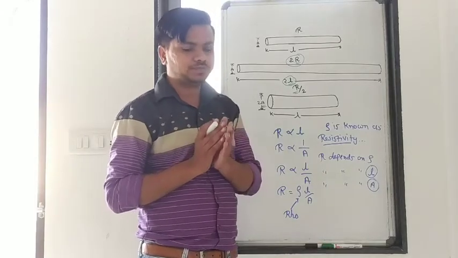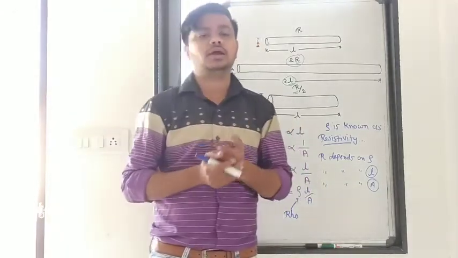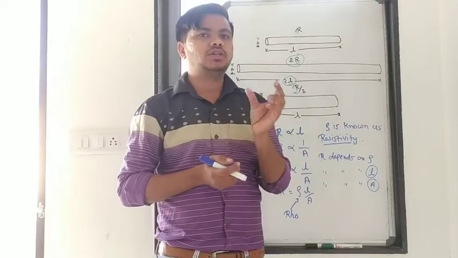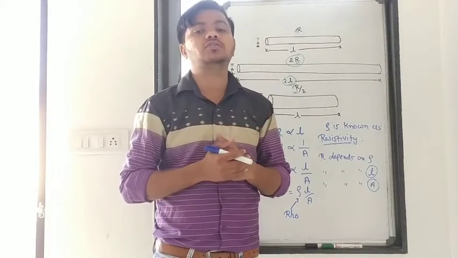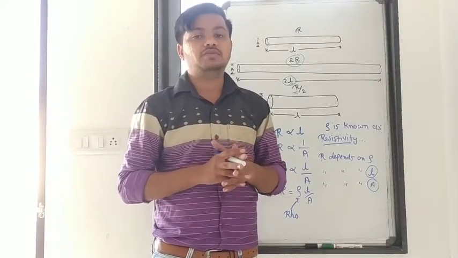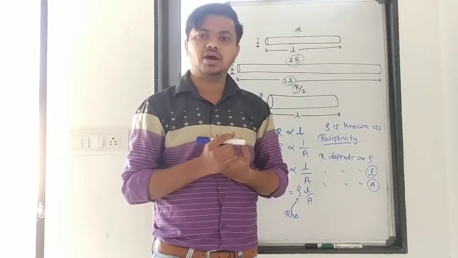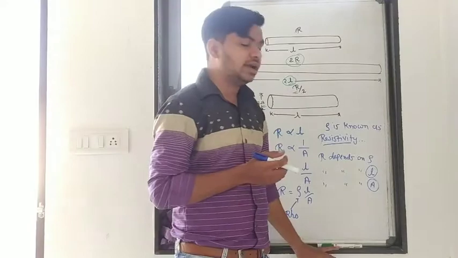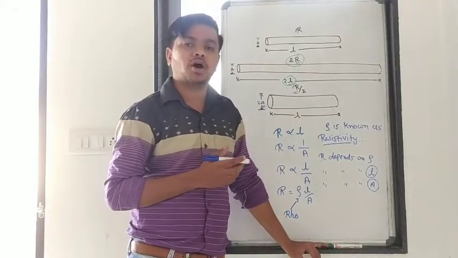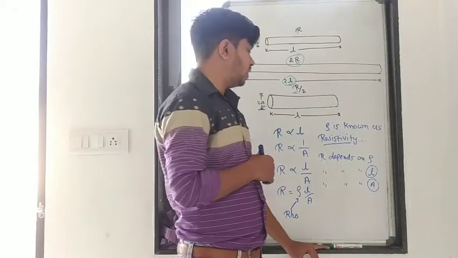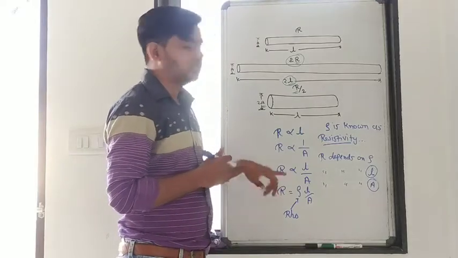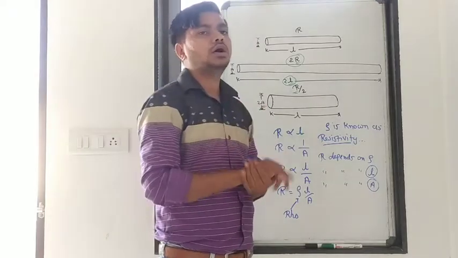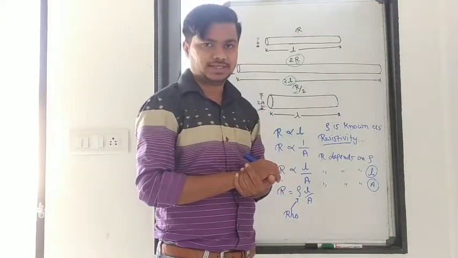Generally in a 3-pin plug, the third plug, the earth wire's plug, is larger than the other ones, because as the cross-sectional area increases, R decreases, so current can easily flow through it. So like that you can use these properties of resistance.